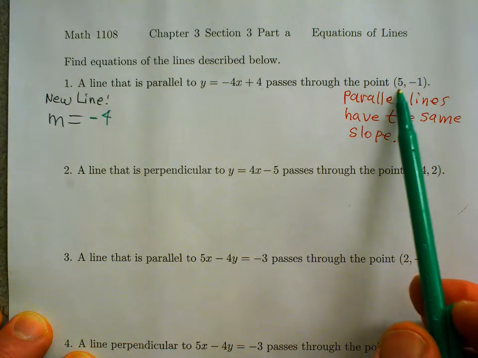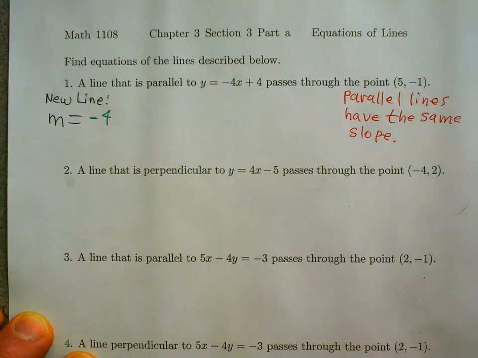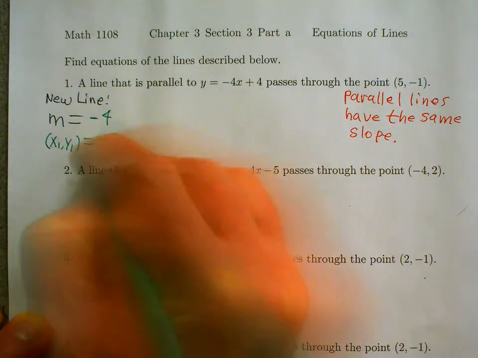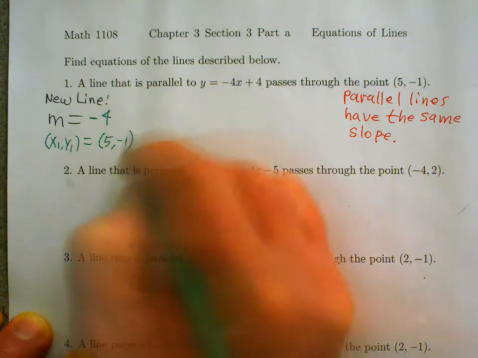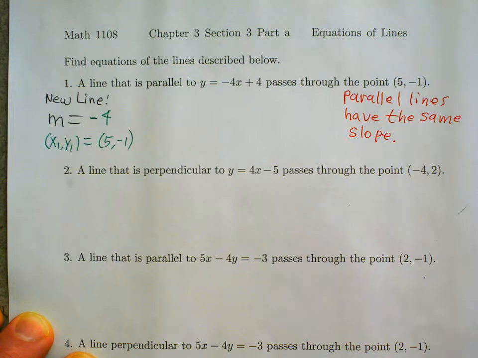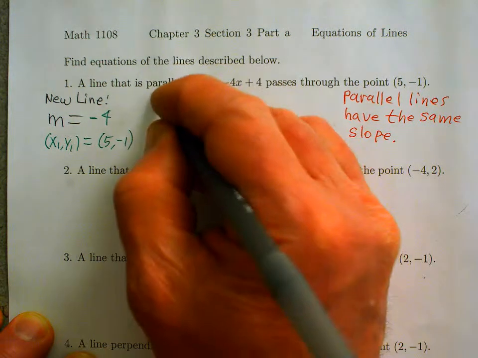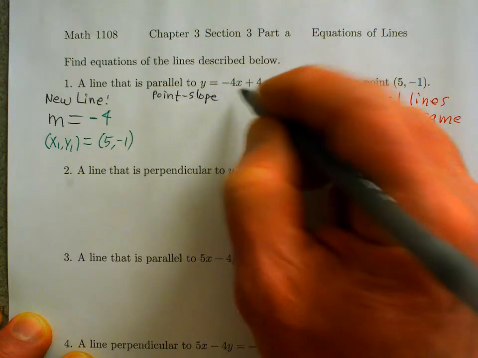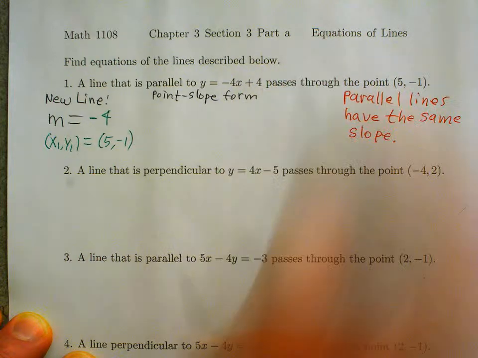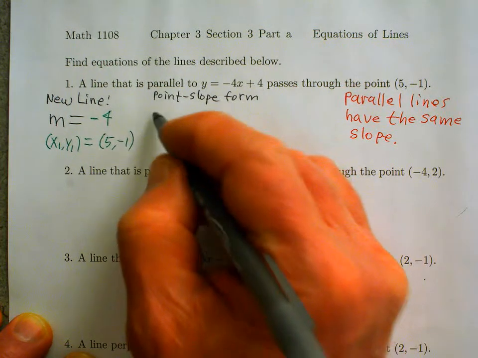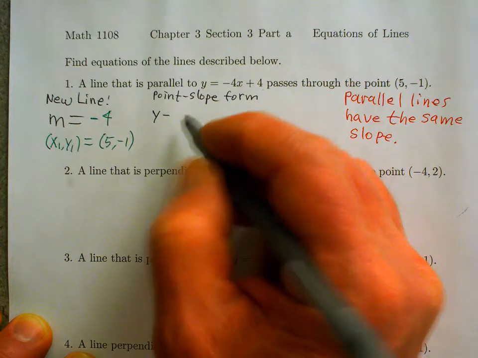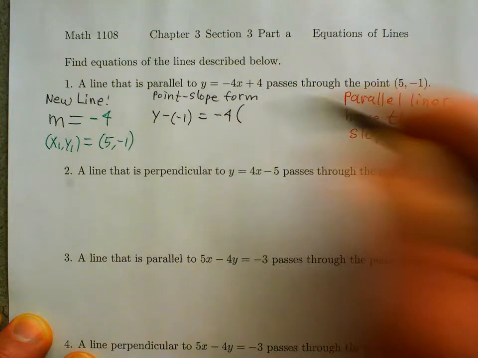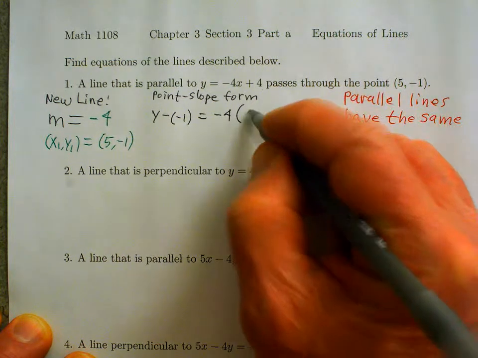And the new line passes through the point 5, -1. So we can describe that as our x1, y1 is 5, -1. Okay, then use the point slope form, since we have the slope and a point. So it's y minus y1. In this case, y minus -1 equals the slope -4 times the quantity x minus x1.